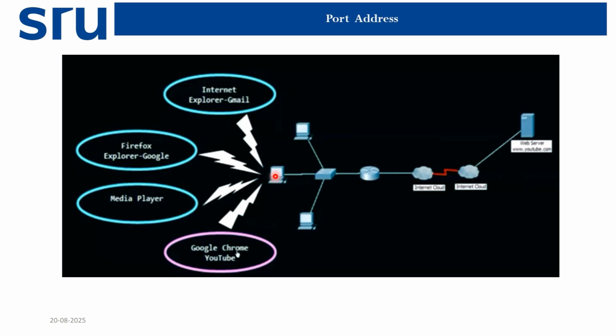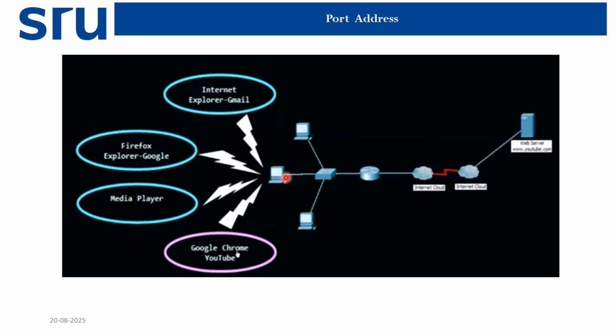Reaching the right host is decided by the MAC address with the help of the switch. The switch works based upon the MAC address, and the router works based upon the IP address. Up to this part we reached the correct host, that is YouTube, whatever video you want.